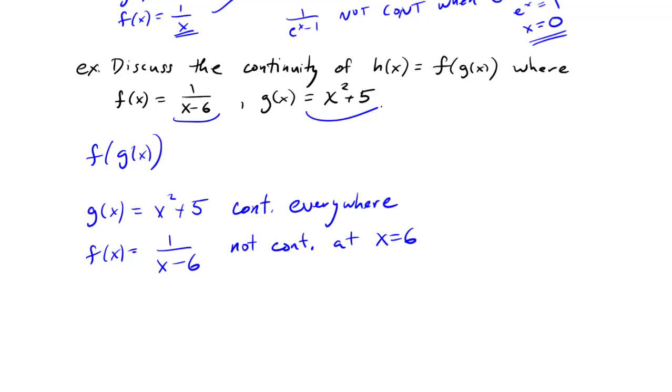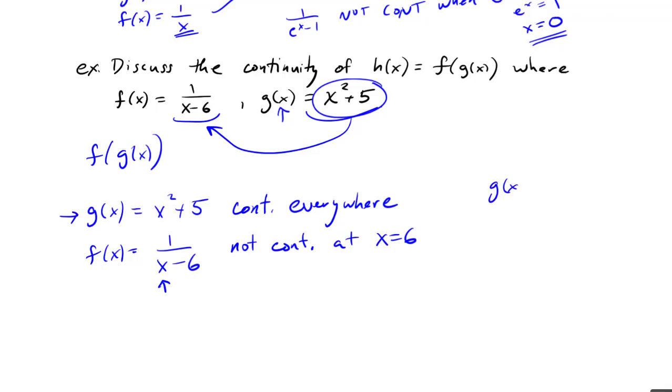Okay, but that's not the point where the composite is not continuous, because I have to figure out what I would put into g to get this, which then goes into f and would give me a problem. Essentially, I don't want to put 6 into f, so I can't get 6 out of g.